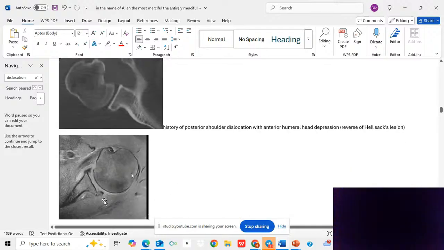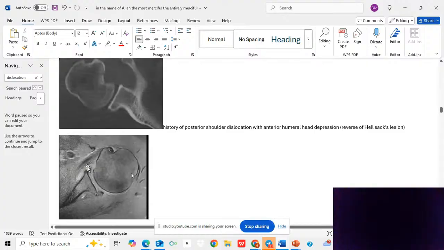Here, this patient also has a history of posterior shoulder dislocation, which is treated now. There is a posterior glenoid labrum tear seen here, indicating a Bankart lesion, but the Bankart here is not anterior.